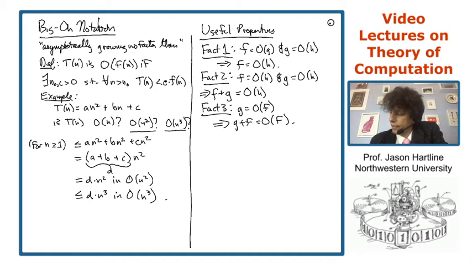Great. And this is just an application of fact 2. Why? Well, g is order f as a statement of the fact, and of course f is order f. And so now we can apply fact 2 to conclude that g plus f is order f.